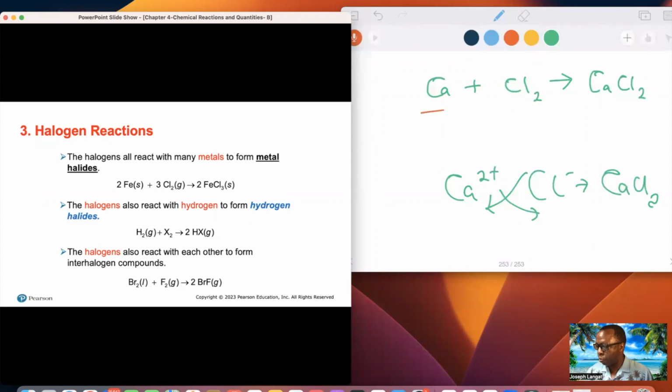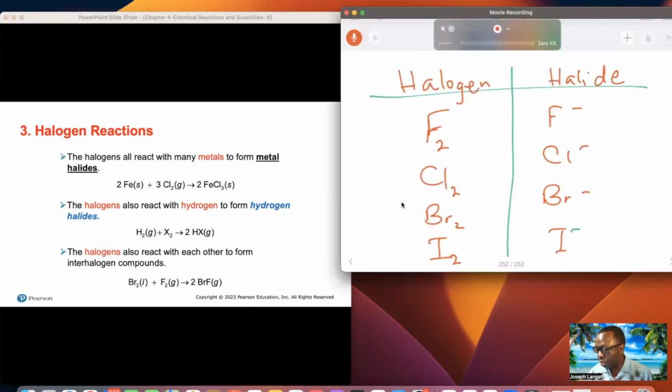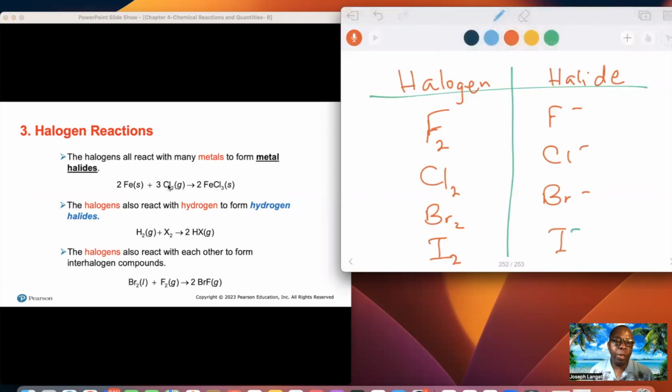So this is the formula for the reaction between a metal and a non-metal, in this case halogen. I'm using chlorine. It can be any other group 7. Remember, chlorine is diatomic. Remember what I showed you here for halogens. They are diatomic. When you write the formulas, please use that.